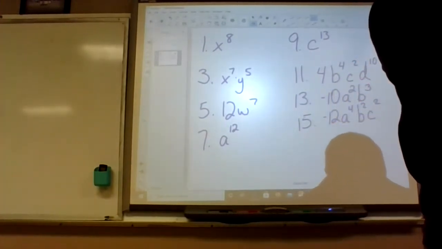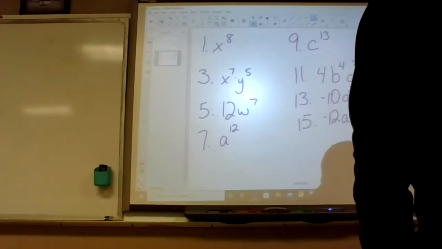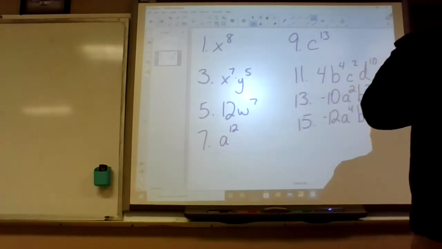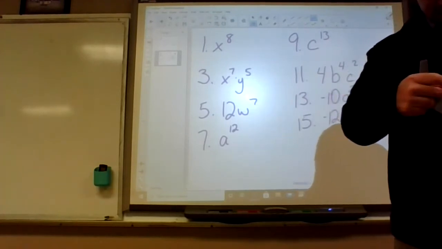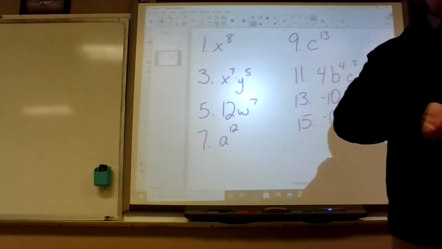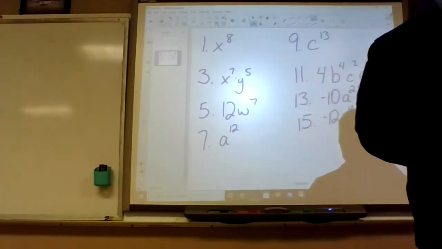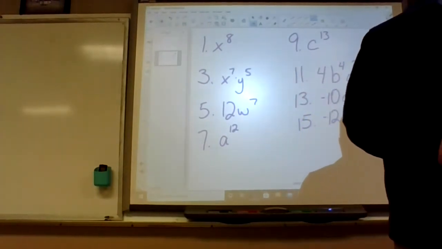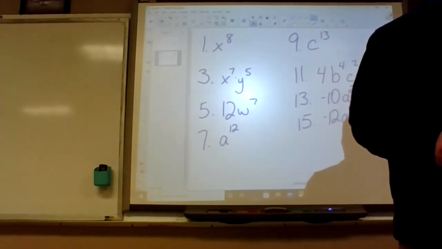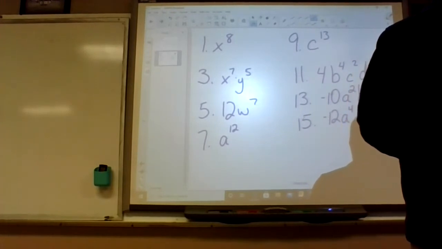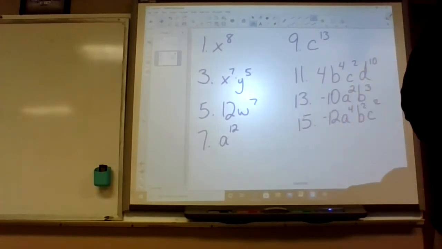Alright, 17, Sam? Okay, 17 is different. What's different on 17? The exponent is outside of the parentheses. Right, and exponents come before multiply, right? So we should deal with the exponents first. Okay. So on 17, the left term is being cubed.